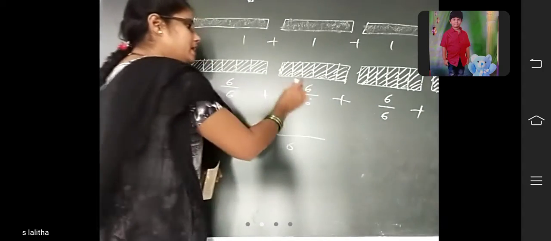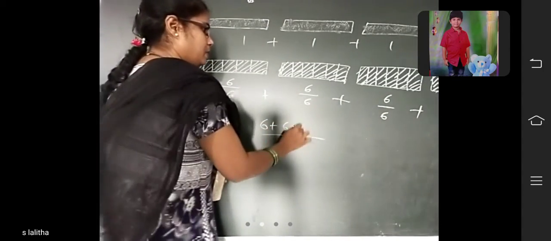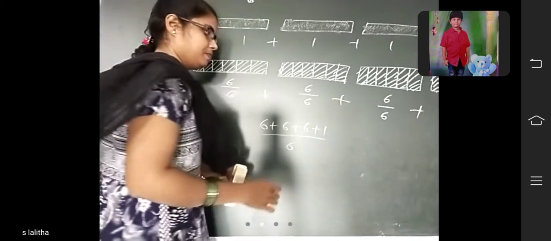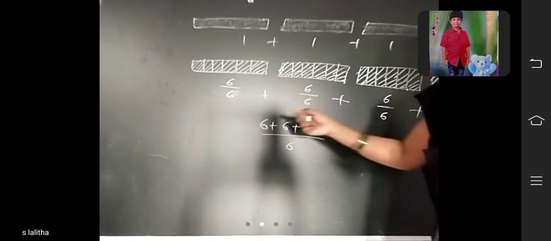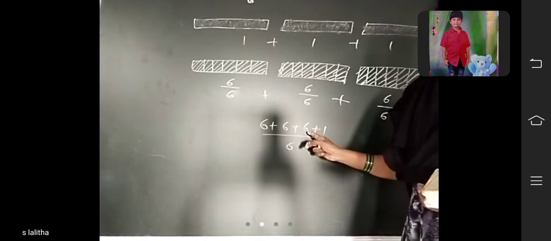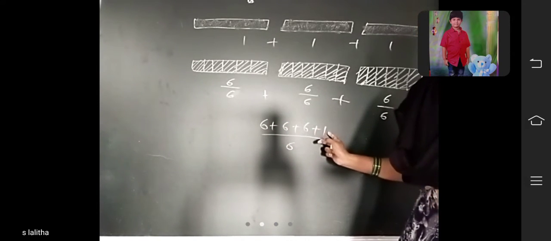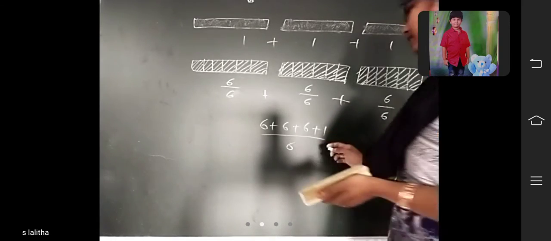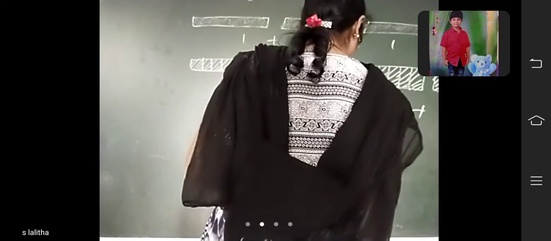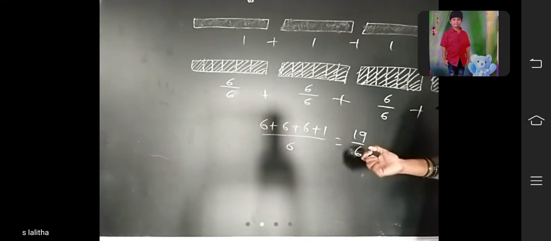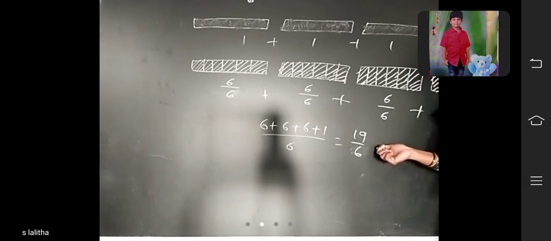So the numerators you should add: 6 plus 6 plus 6 plus 1. How much? 6 plus 6, 12. 12 plus 6, 18. 18 plus 1, 19. 19 by 6. Is it an improper fraction or not? Yes, it is an improper fraction.